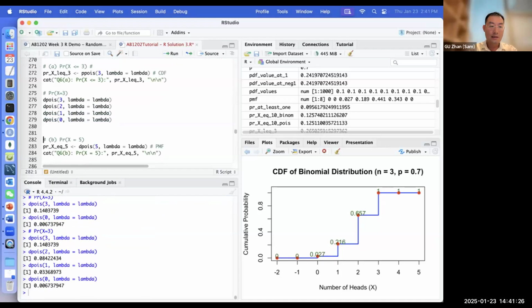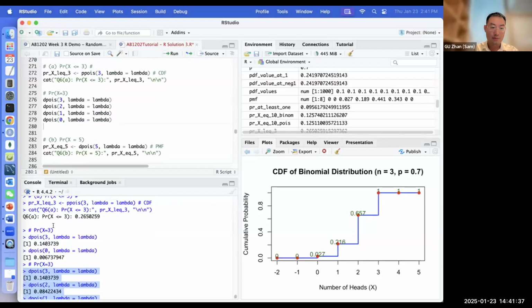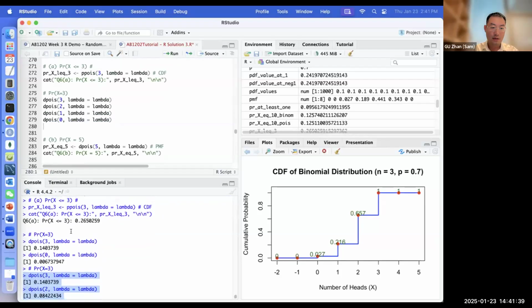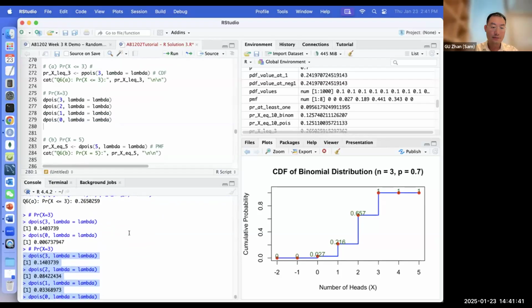You add them together. It should be 0.26.